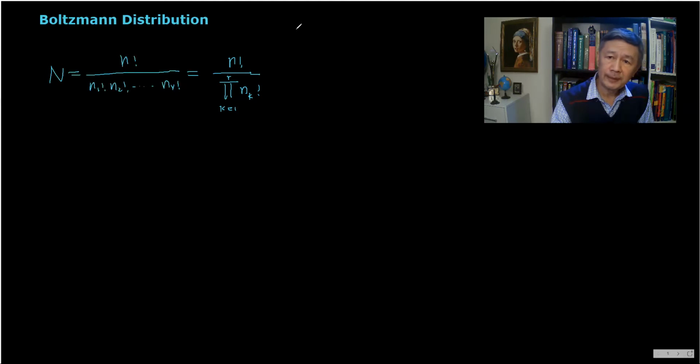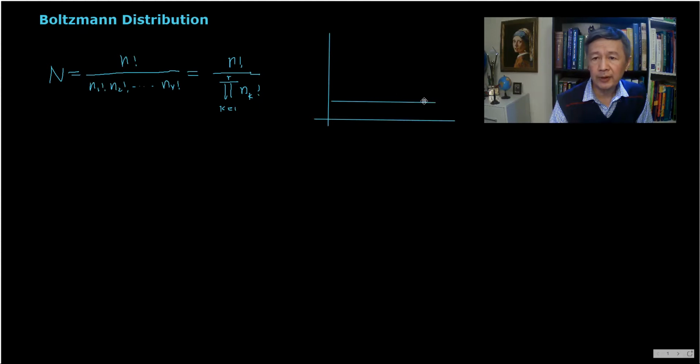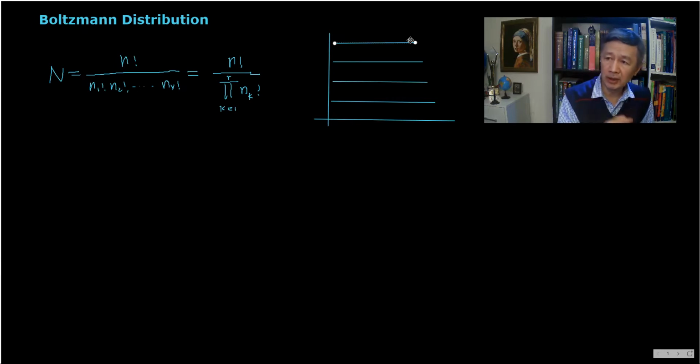Before we go, perhaps it would be helpful to draw a diagram to illustrate what we are going to do. In this diagram, I have drawn several energy levels, representing each subgroup of this arrangement.